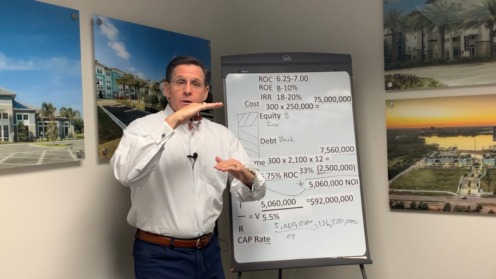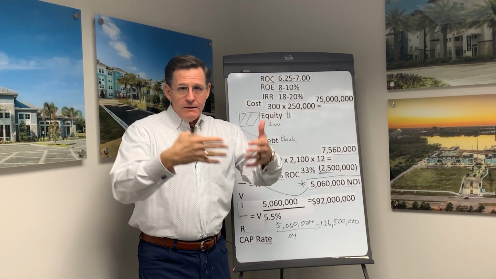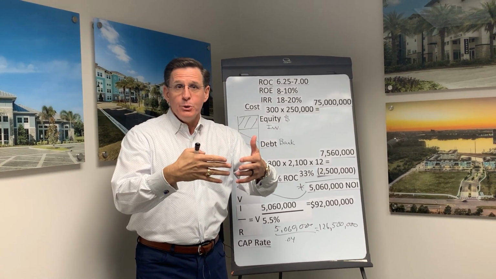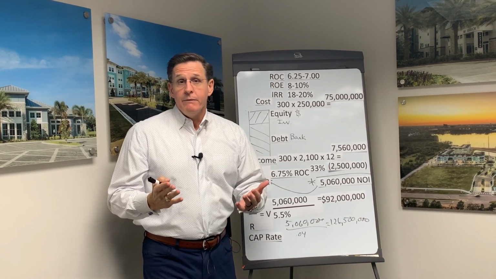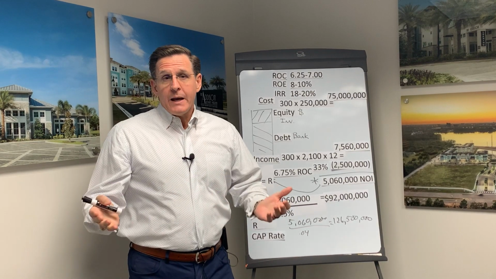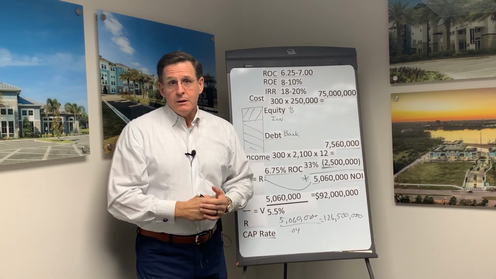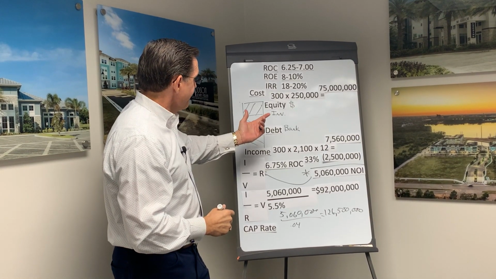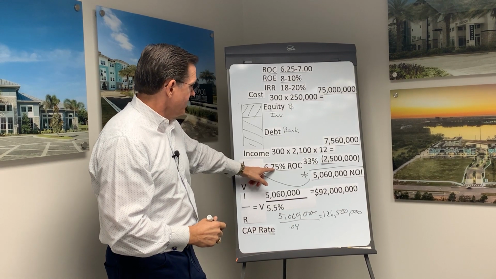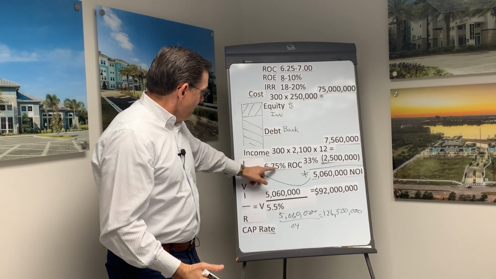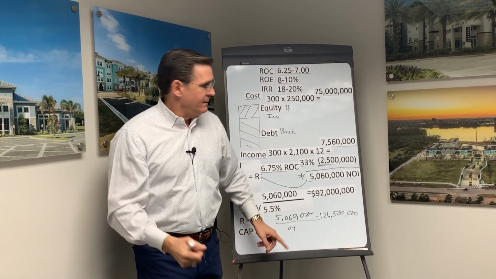But as the value of apartment communities and the consistency of the income and the institutional capital that's come into it has pushed down the return expectations, because it has proven to be a very steady asset class for institutional investors, people looking for long-term income. So again, in our business, the value is created basically by the difference between our return on cost when we go into the project and what we feel like an investor is willing to pay or the market will recognize.